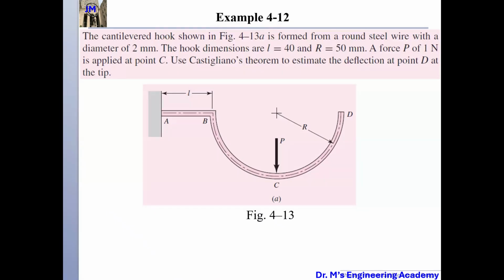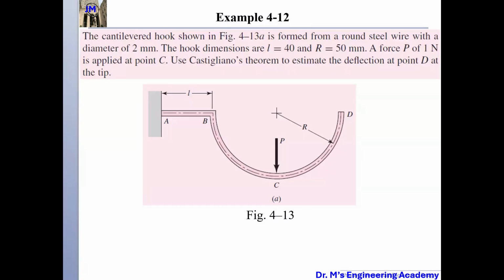I cannot draw on the screen, but we draw the dotted force Q. This Q is applied at point D, which means it is fictitious. And then this equation, delta, is written as dU/dQ.